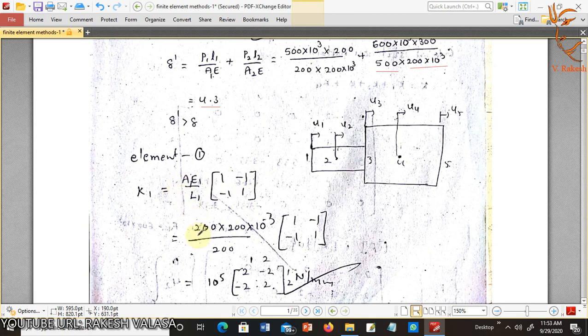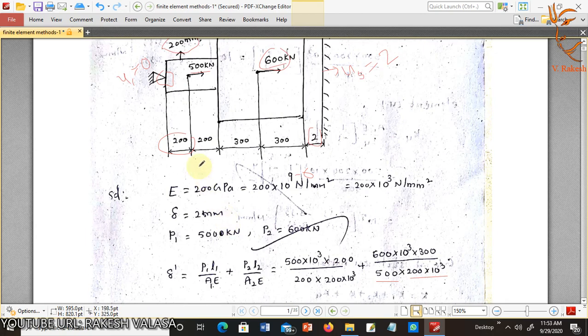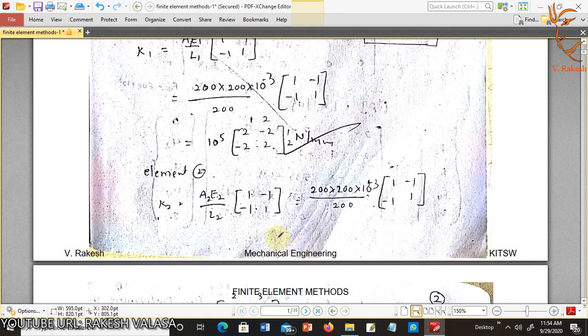A1 is 200 mm square, E1 is 200 into 10 power 3 Newton per mm square, length is 200 mm. This is the L1, this is the L2, this is the L3, this is the L4. Now simplify this equation, that is this 200 get cancel, two zeros and three zeros, that means 10 power 5. You can multiply 2 with this matrix, that is 2 minus 2 minus 2 2. This first element having nodes 1 and 2, just you can write here 1 2 and 1 2. The stiffness matrix units are Newton per mm.